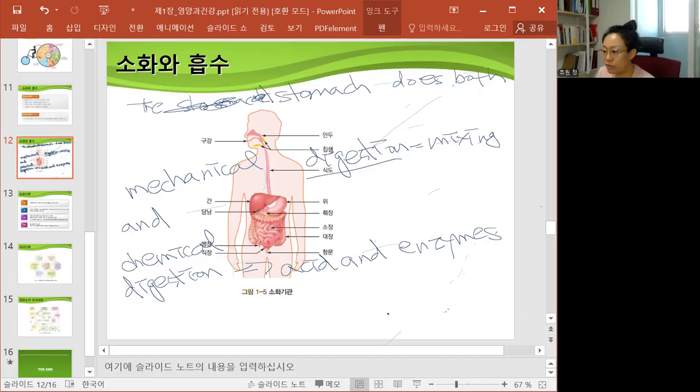For example, when we eat meat, the stomach acid starts to break down the protein.